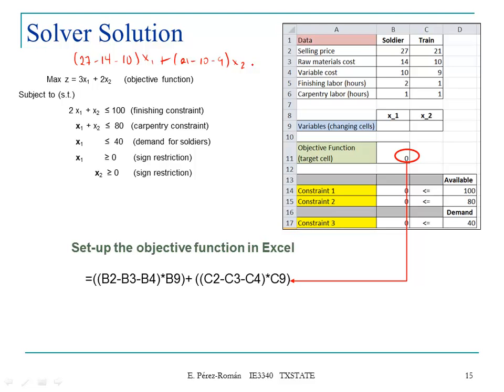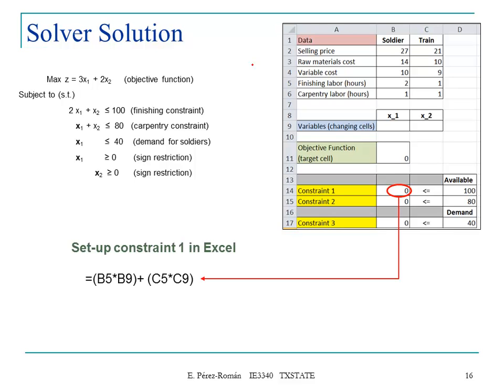Okay, so now we're going to do the same thing for the constraints. So now we need to code this cell and this cell for the constraints. So let's move to the first constraint. The first constraint is just 2x1 plus x2. So we have B5, the finishing labor hours for x1, which is the soldiers.